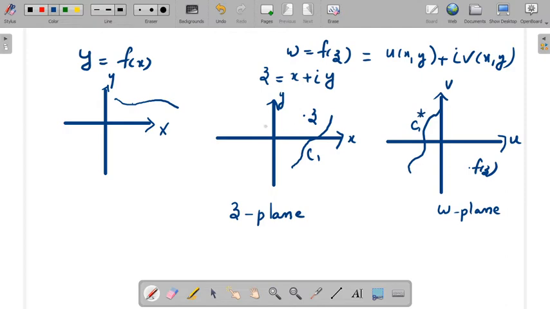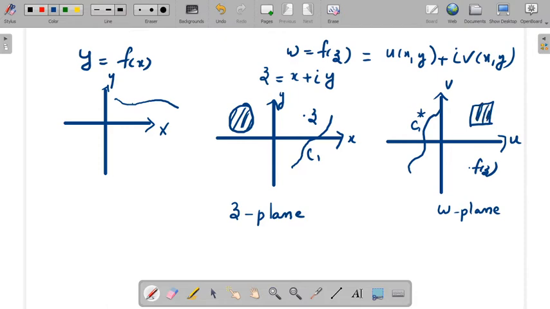Similarly, if z takes values in a region in the z plane, you can find where the corresponding values of w fall in the w plane.